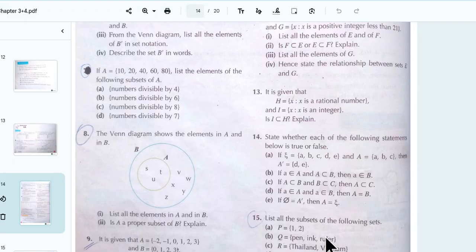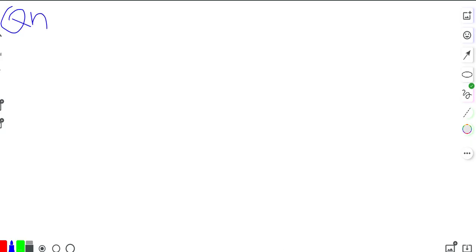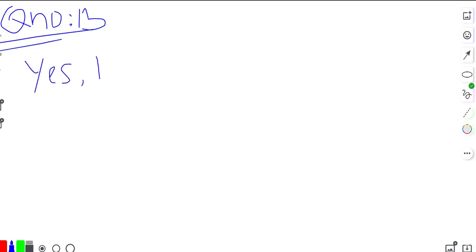H is a rational number set and I is an integer set. We will write here only the solution. Question number 13. The answer must be specific and simple.